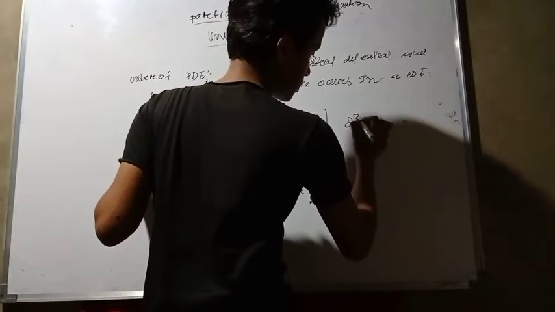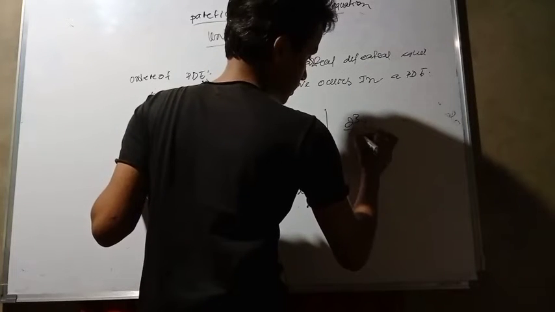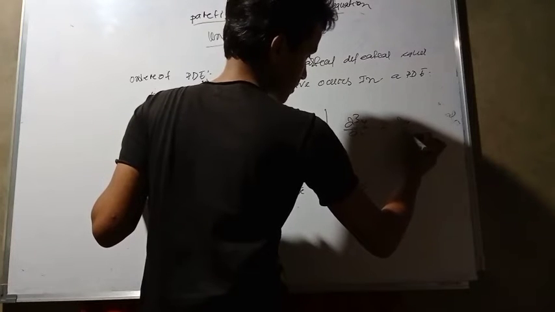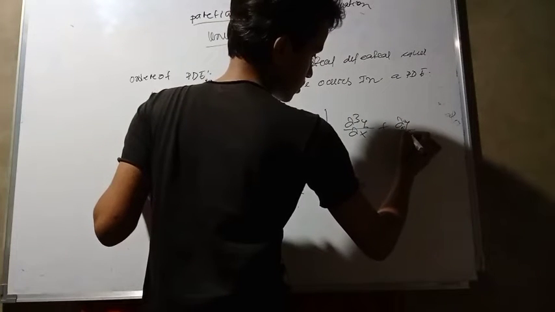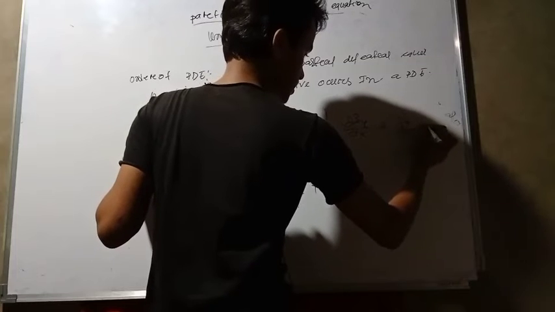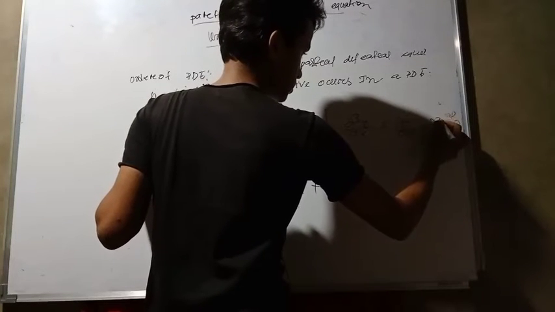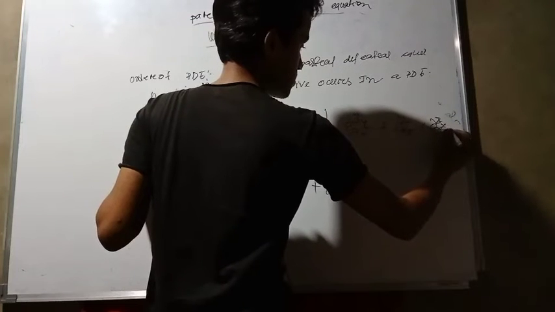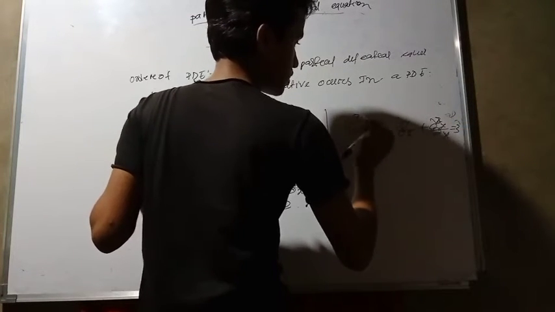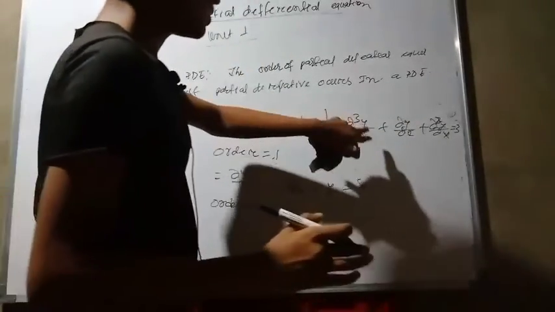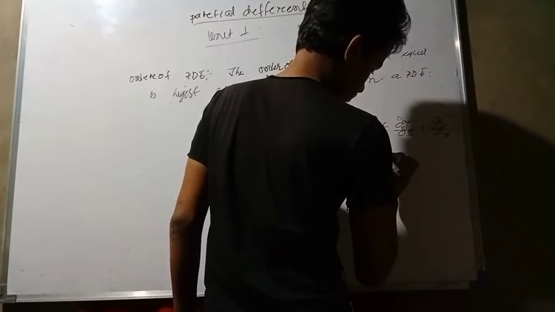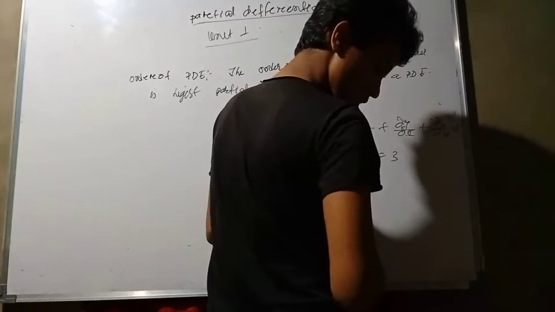If we say d³y/dx³, here the partial derivative occurs three times, so the order is 3.